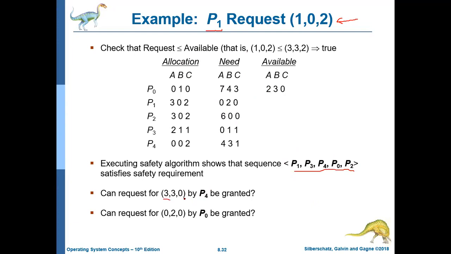Can we allocate these number of resources to P4? Can we allocate these number of resources to P1, P0? If we are having such kind of problem, you always need to pretend that you are giving these resources, and after giving, you are going to check whether the current state, whatever you are getting, is safe or not.